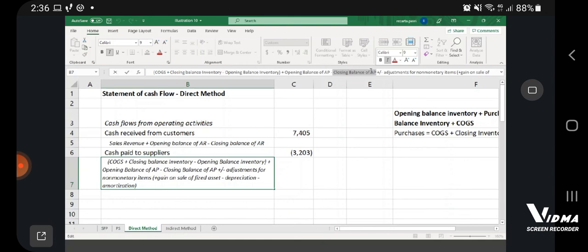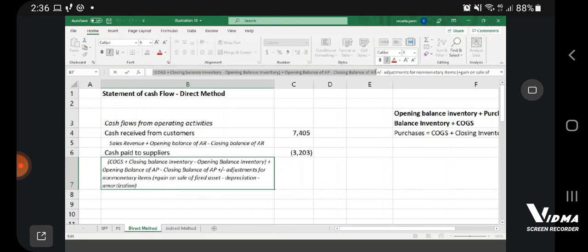And this is why we add the opening balance, that is liabilities from before, and we deduct the closing balance, that is liabilities that will be settled in the future. Okay? So up to this moment, we have calculated purchases and the part of purchases that we actually have paid to our suppliers.